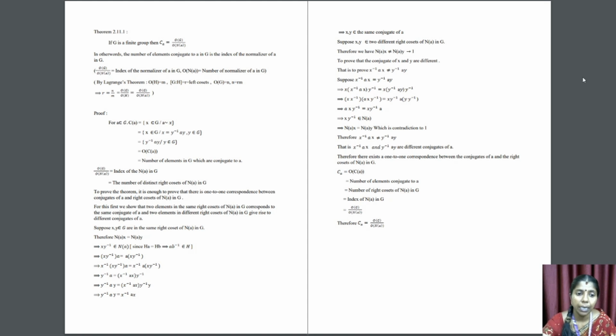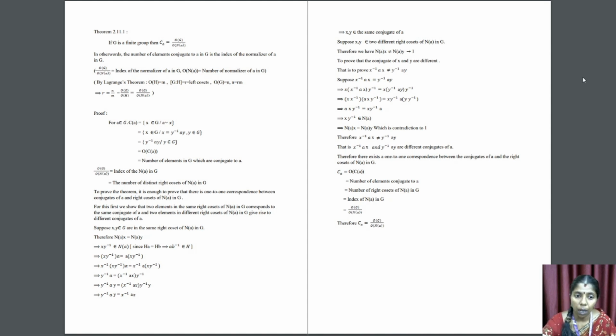This implies xy inverse belongs to N(a), since Ha equals Hb implies ab inverse belongs to H. This implies xy inverse a equals a xy inverse, because of the normalizer. Multiplying both sides by x inverse, x inverse xy inverse a equals x inverse a xy inverse. This implies y inverse a equals x inverse a xy inverse.